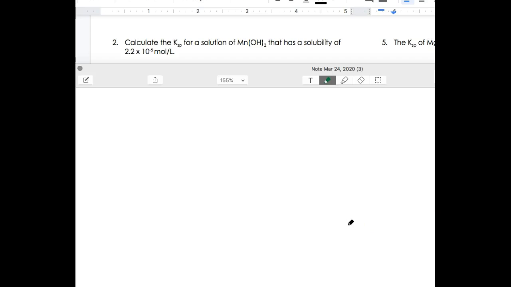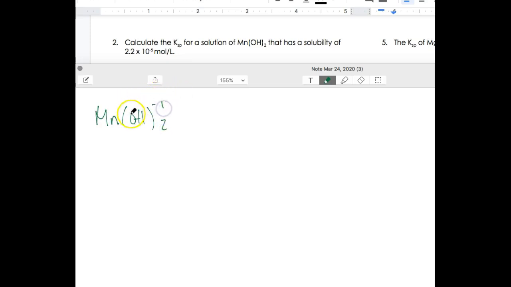Right, it says calculate the KSP, the solubility product constant, for manganese hydroxide that has a solubility of 2.2 times 10 to the negative 5 moles per liter. So again, we're going to start off with our equation, Mn(OH)2, manganese hydroxide, right?